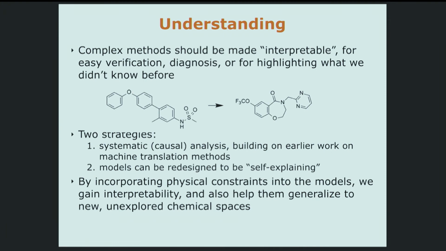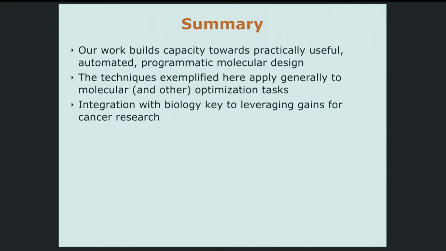One way to make these methods better and also more interpretable is by incorporating physical constraints and chemistry more into the models rather than have them just be statistically driven. And we are in the process of doing that as well. So in summary, what we are building here is a capacity to do molecular translation, directed programmatic molecular translation.